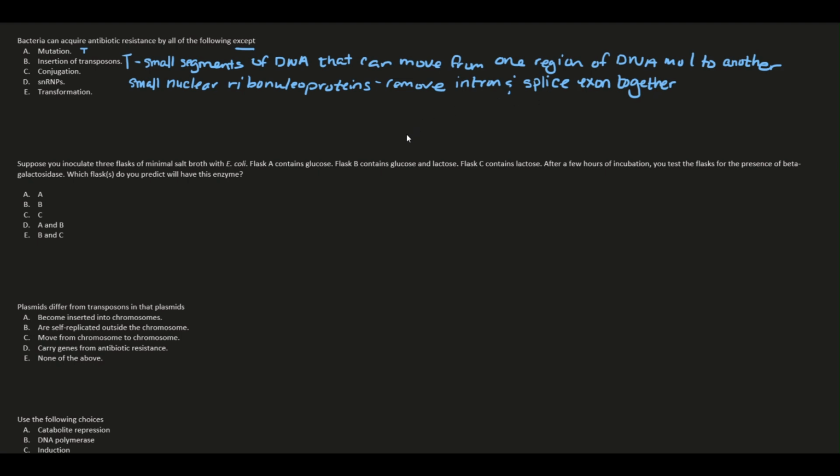Now, introns are intervening regions of DNA that do not encode protein, and exons are regions of DNA that are expressed. So that's SNRPs. And then transformation, which we defined above.